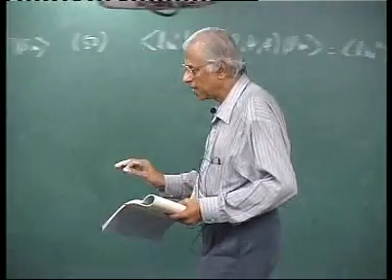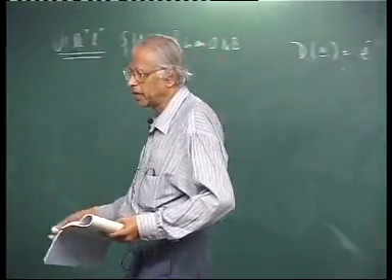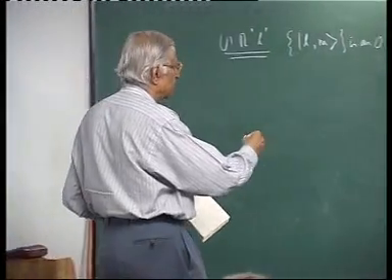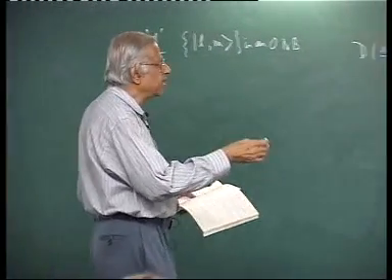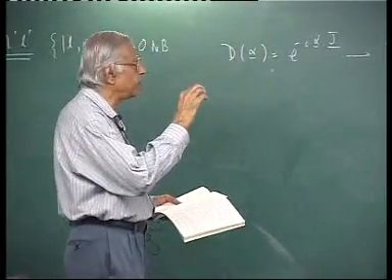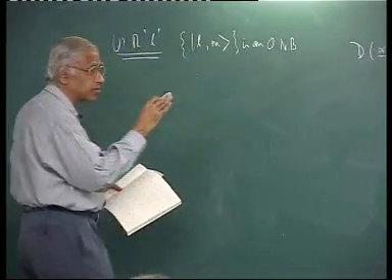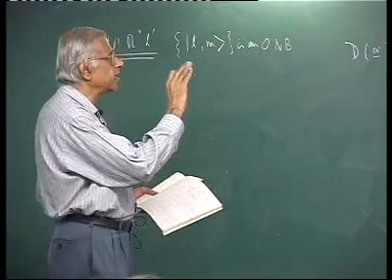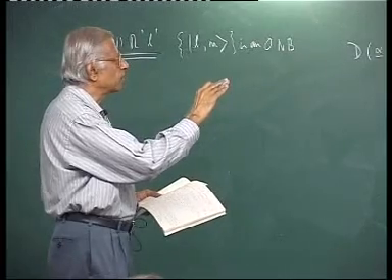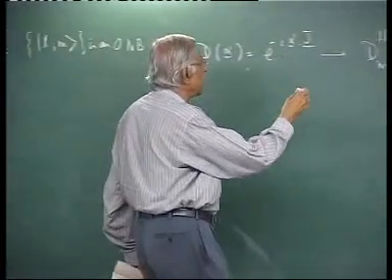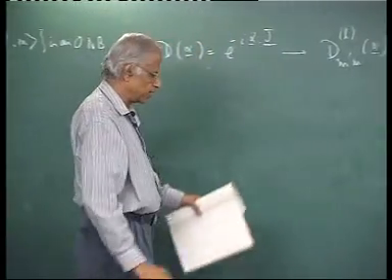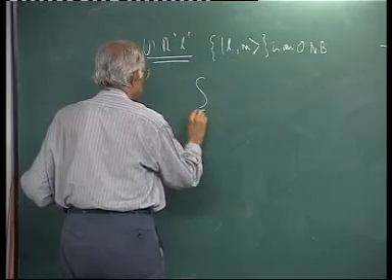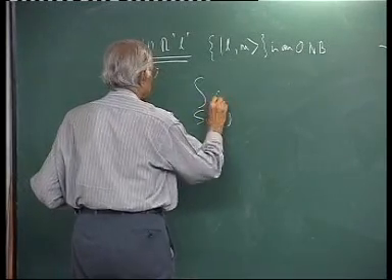And now comes the completeness. We are going beyond the completeness of characters for class functions, and I'm going to describe the way in which any square integrable function on SO3 can be uniquely expanded in terms of the set of all matrix elements of all irreducible representations. So I just write down the properties.